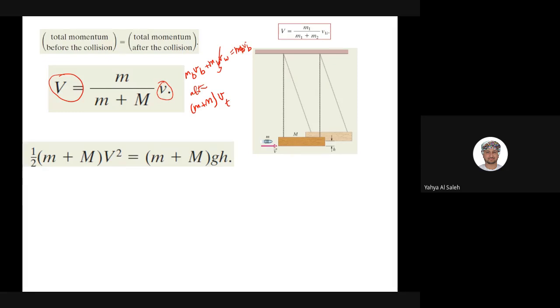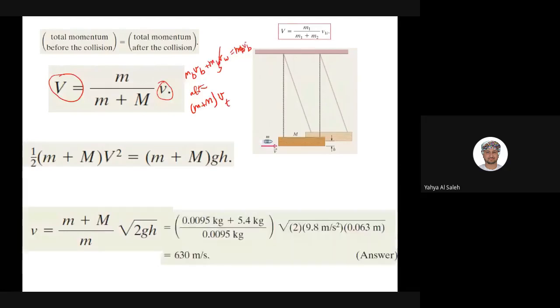We know that the initial kinetic energy is equal to the final potential energy. If we rearrange this, we can find what the initial velocity was, and we find that it was 630 meters per second.